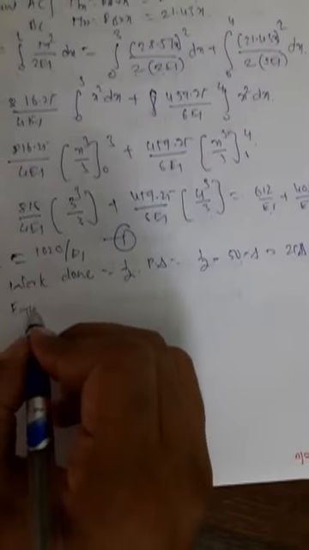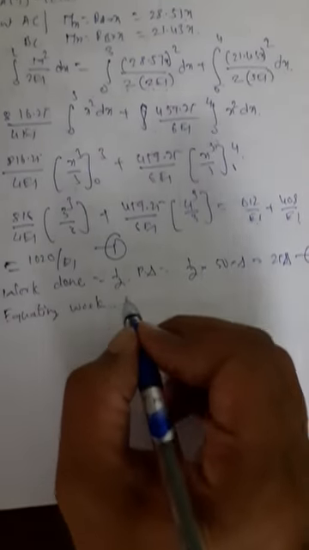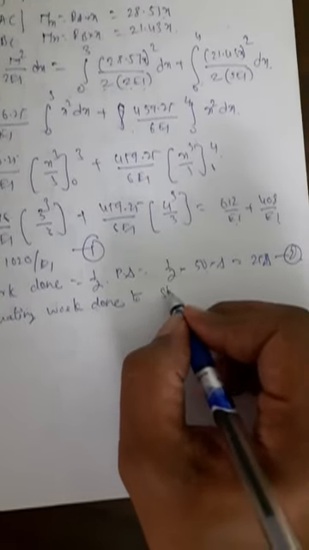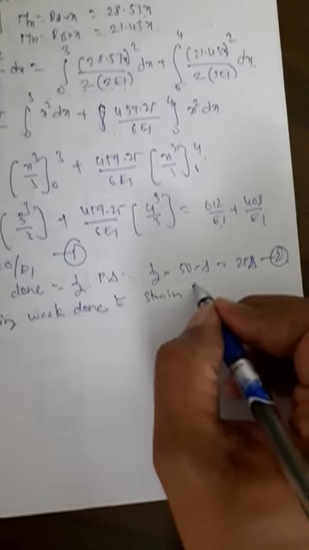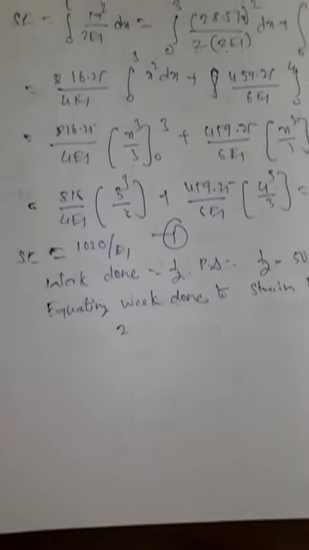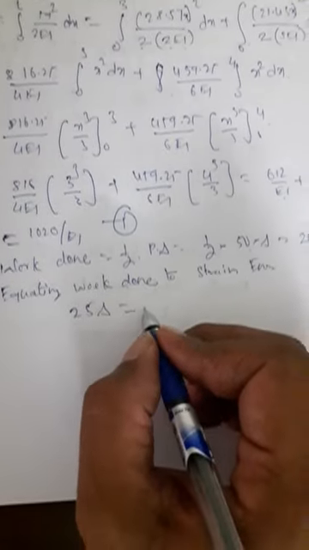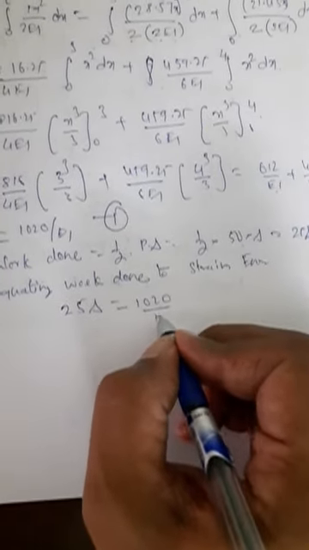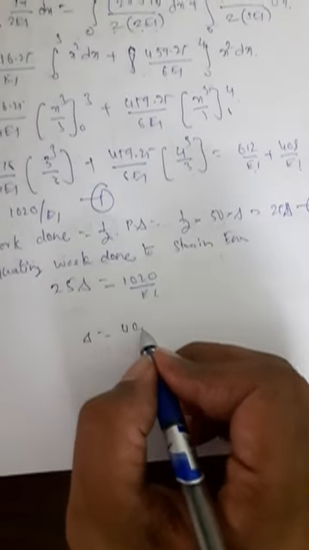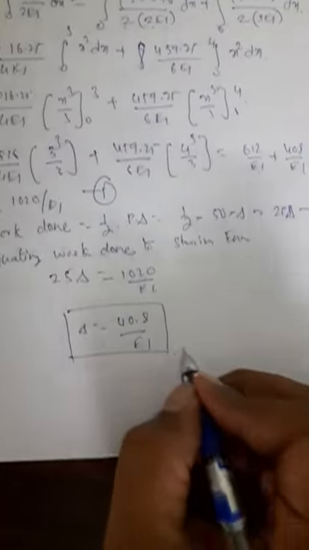Equating work done to strain energy, 25 delta is equal to 1020 by EI, or delta is equal to 40.8 by EI. This is the answer.